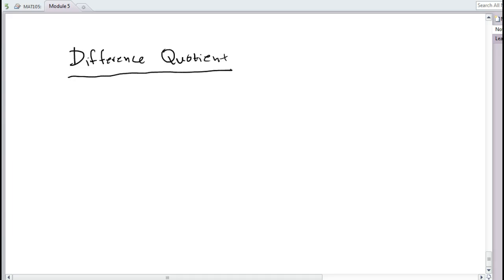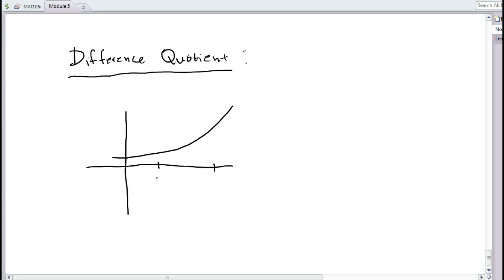So what did we do for average rate of change? So this is the difference quotient, which is really just another sneaky way of thinking about slope. So if you want to approximate the point, say, so again we have some function, and let's make the picture big just to see.